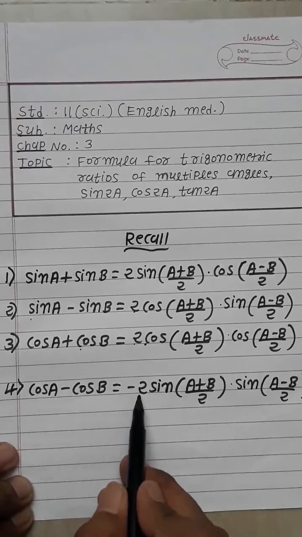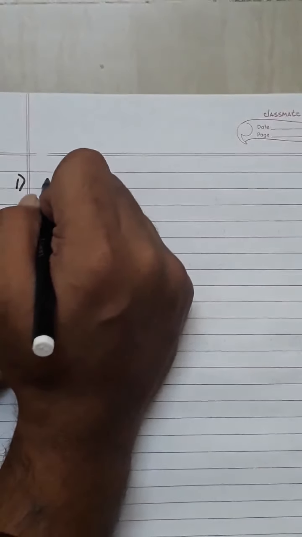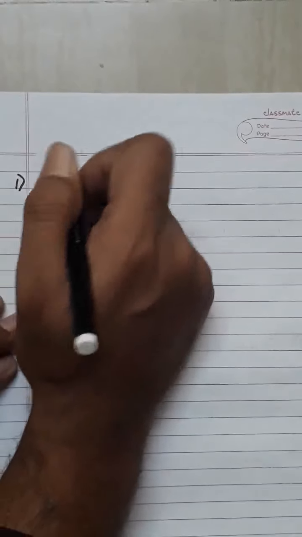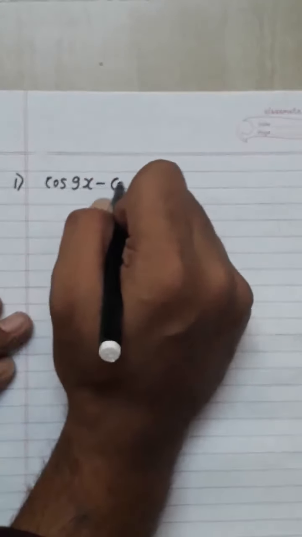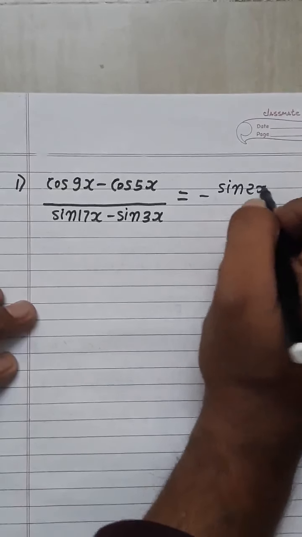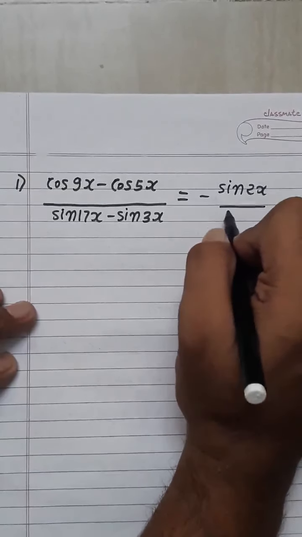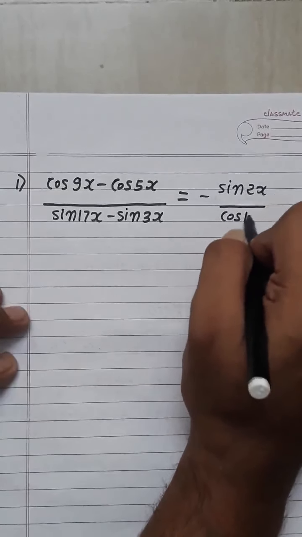First question: prove that (cos 9x minus cos 5x) upon (sin 17x minus sin 3x) is equal to minus sin 2x upon cos 10x.